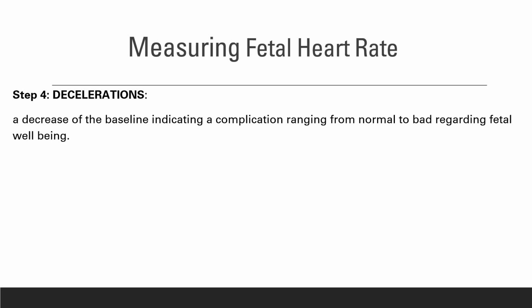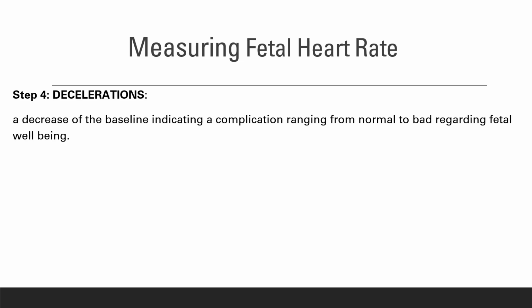So once you've established your baseline, your variability, if there's acceleration, the last step is to determine if there's any deceleration. And a deceleration is a decrease from the baseline, indicating a complication ranging from normal to bad regarding that fetal well-being. So we will go deep into the deceleration segment in a little bit.